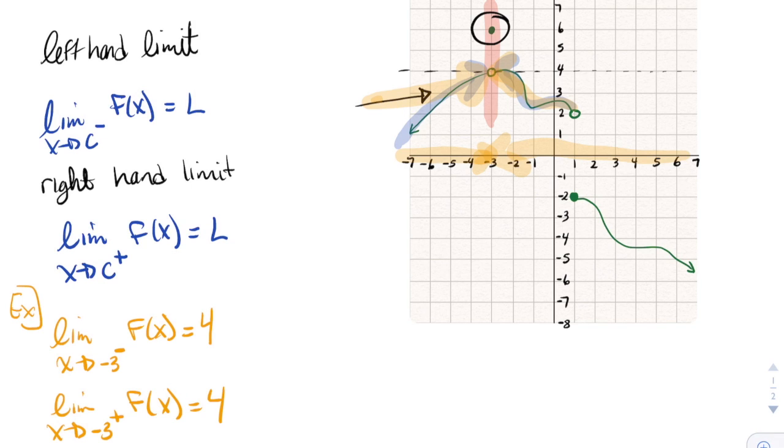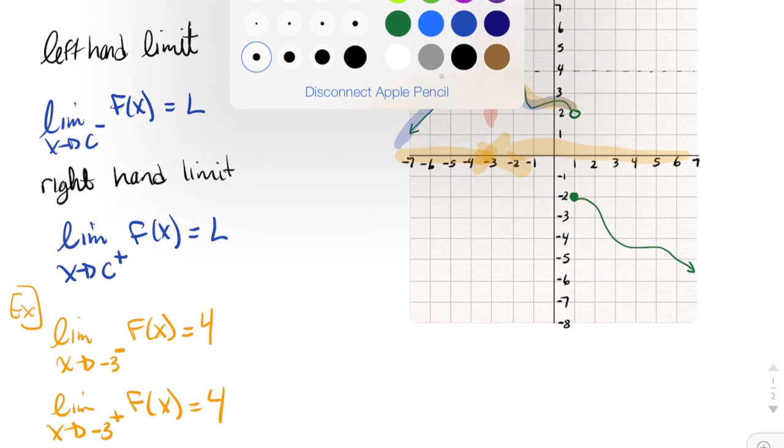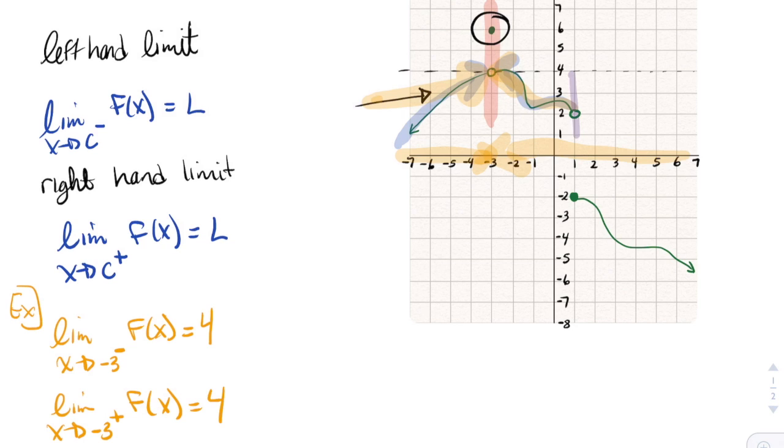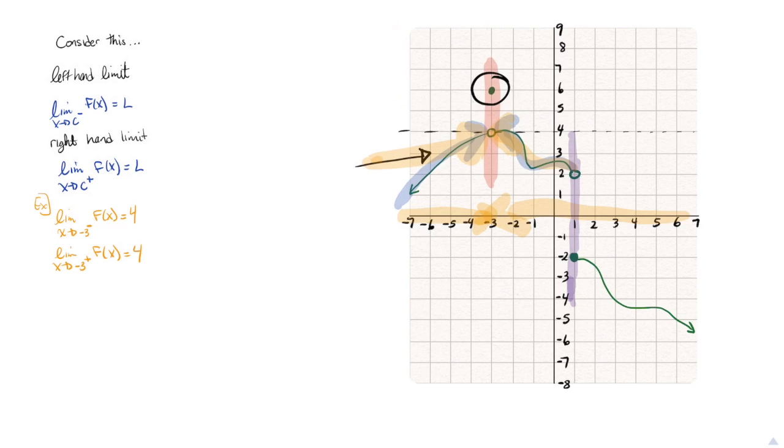Now there's another interesting part to this function, and that's over here, at x equals positive 1. The limit as x goes to 1 from the positive side of f of x, and we look at the limit as x goes to 1 from the negative side of f of x.